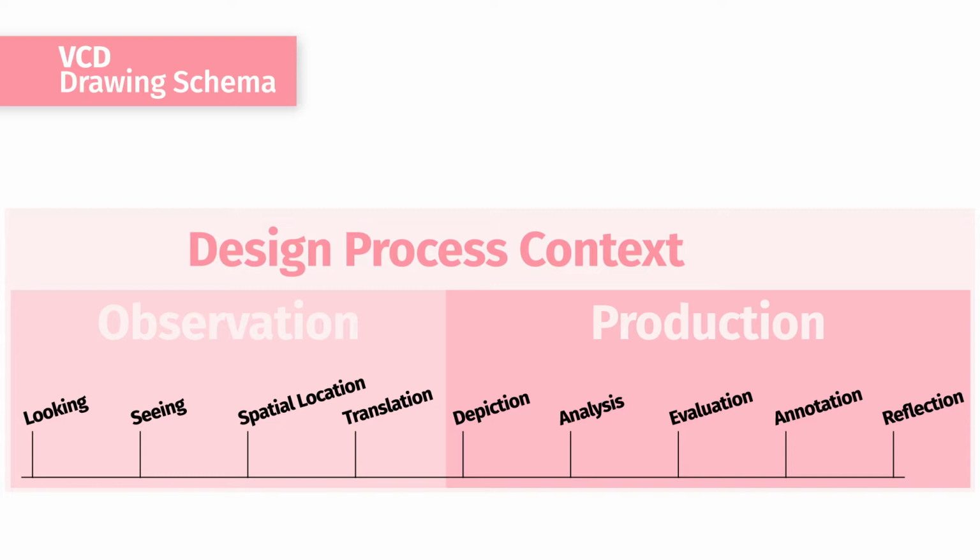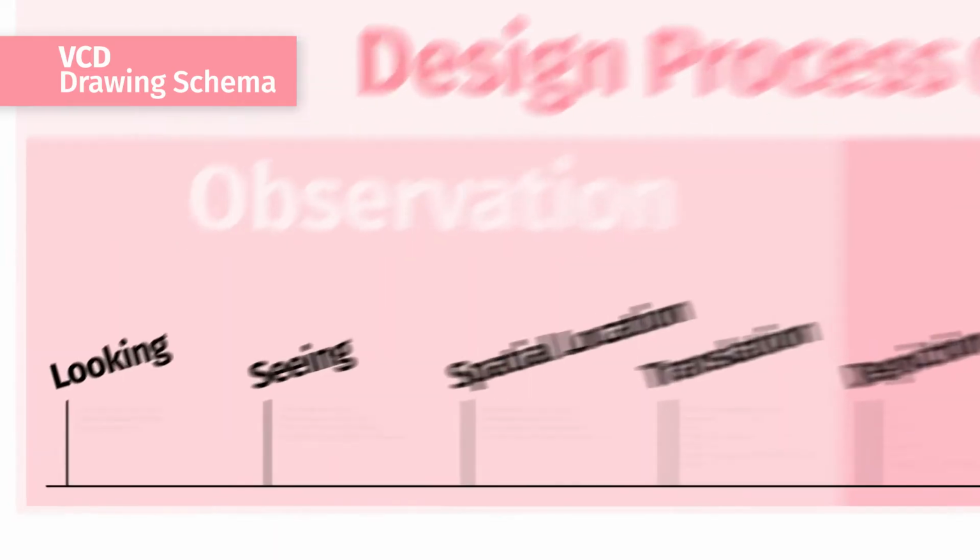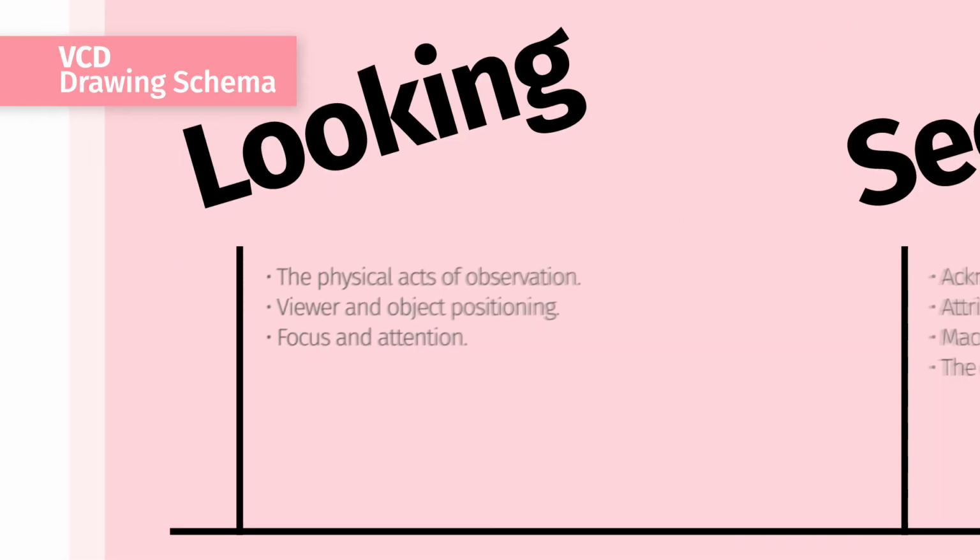All right, so let's drill down into each of these steps to see what each stage looks like. The first step within the observational side of things is looking, and this is purely the physical act of gazing at an object. So it's all about students' position in relation to objects, so viewer and object positioning, and the requirement for focus and attention.